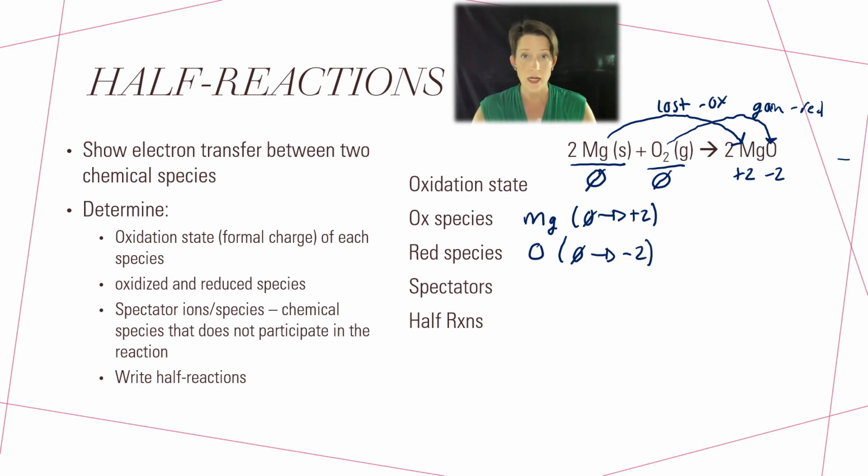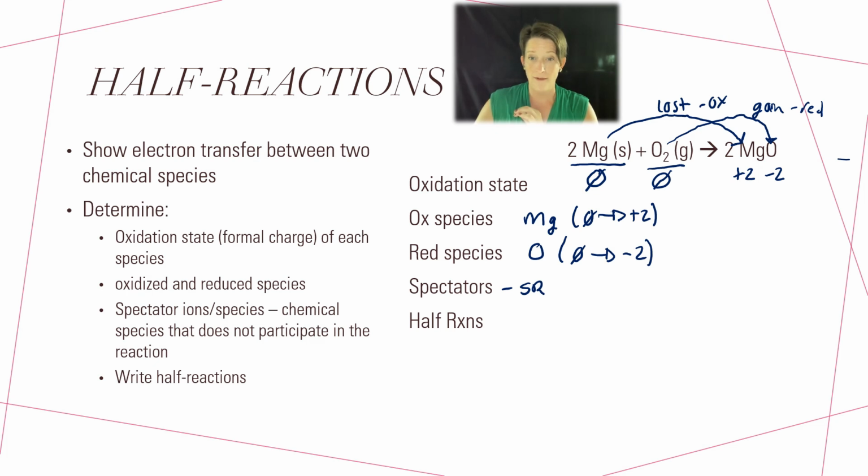That means each oxygen has to gain 2 electrons in this reaction per oxygen. Then we have this term called spectators. Spectators are ions that do not participate in the redox reaction. Spectators are only going to occur in single replacement reactions. Because synthesis and decomposition is typically only working with 2 ions and not 3, we don't have any of those spectators. So there's none right here.